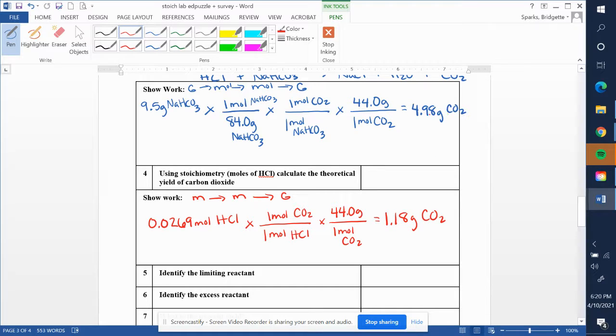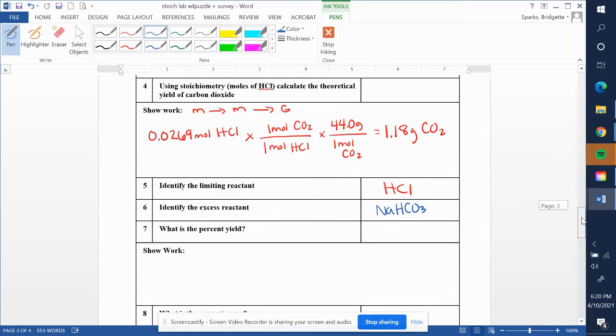So if that's the case, look, we can make way more carbon dioxide with the baking soda than the hydrochloric acid. So the hydrochloric acid was our limiting reactant. It produced less CO2, and therefore that's the most CO2 we could have made. And that means we had plenty of baking soda.